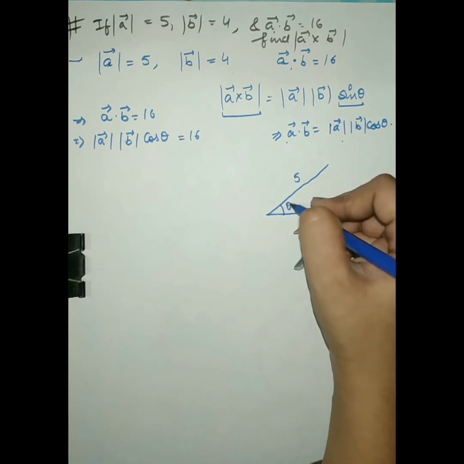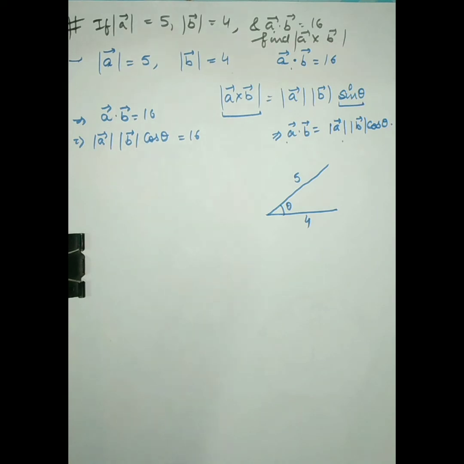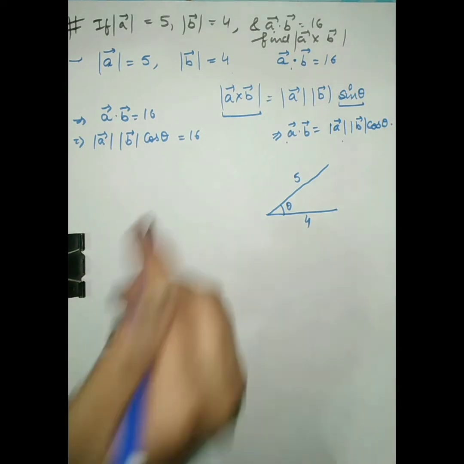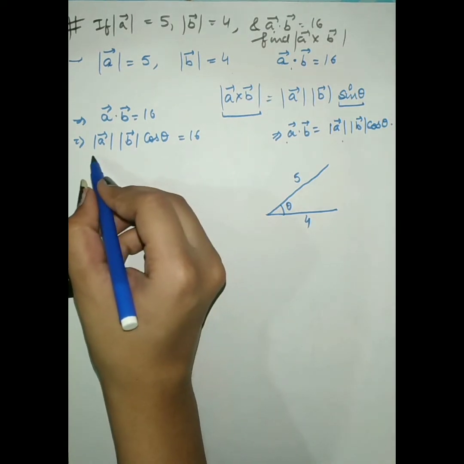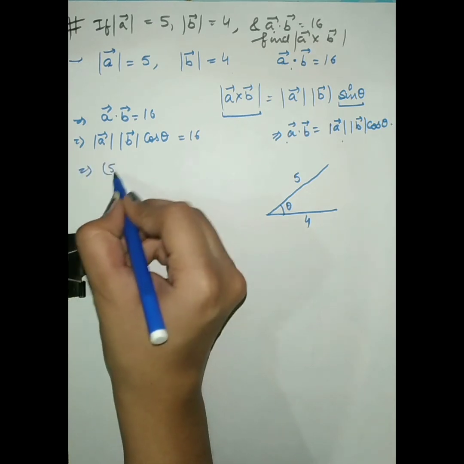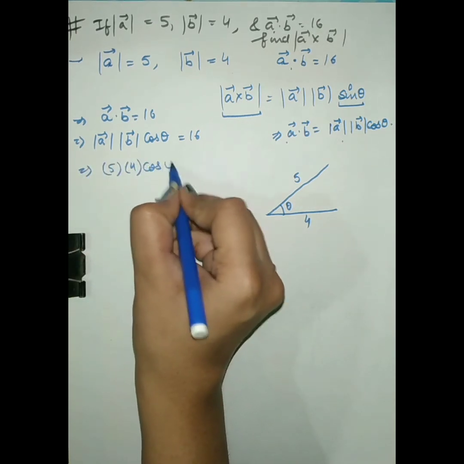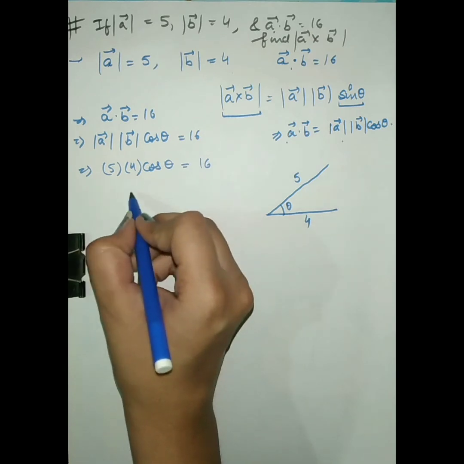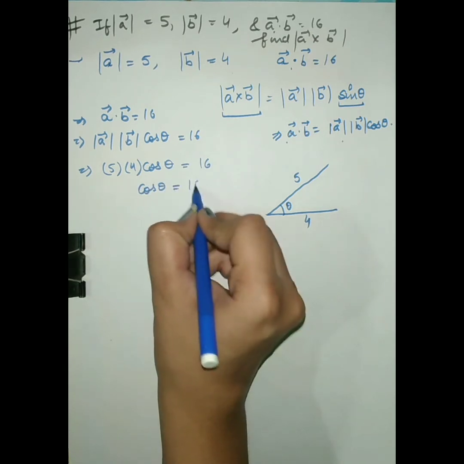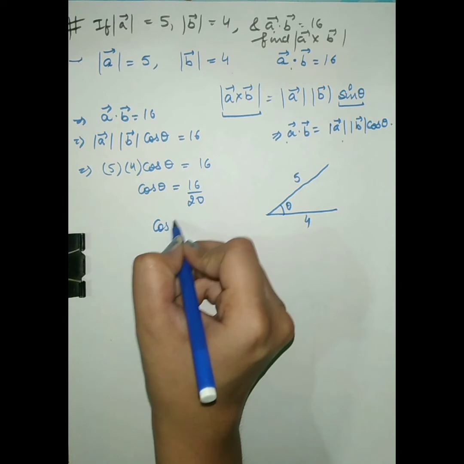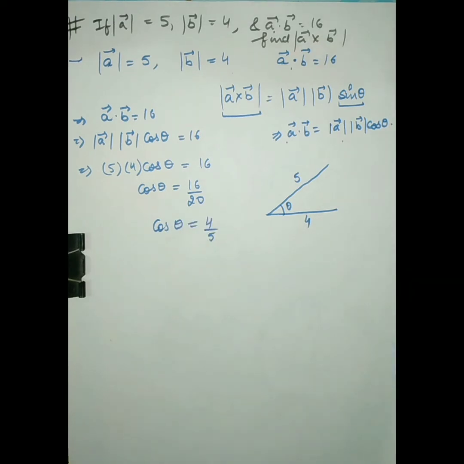So we put the values. Then we get 5 into 4 cos theta equals 16. That means cos theta equals 16 upon 20, that means cos theta equals 4 upon 5.